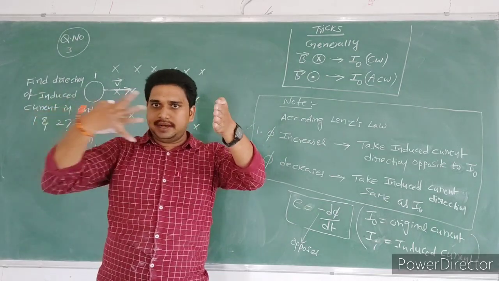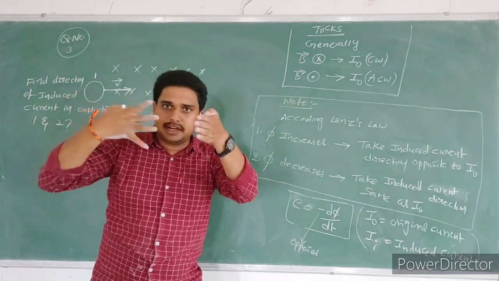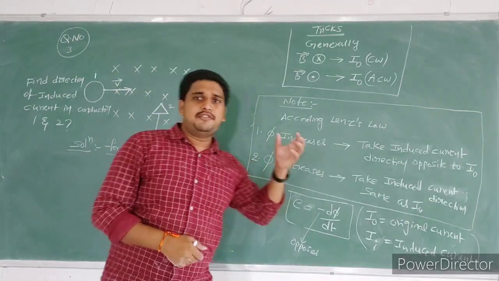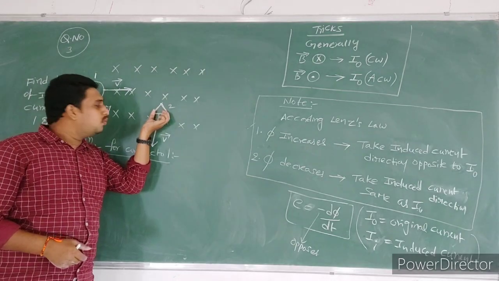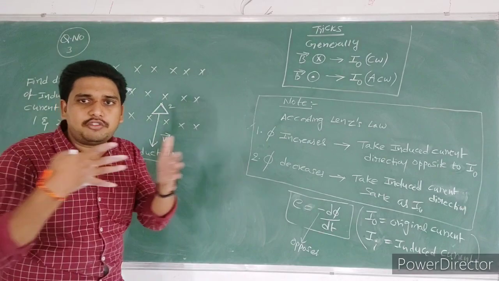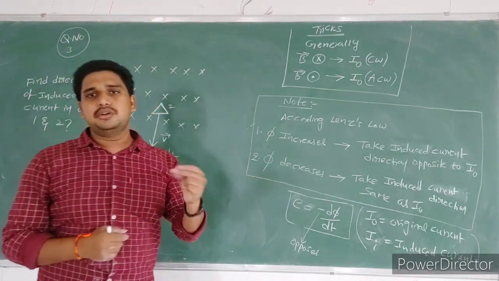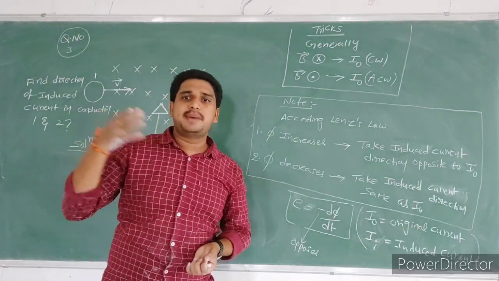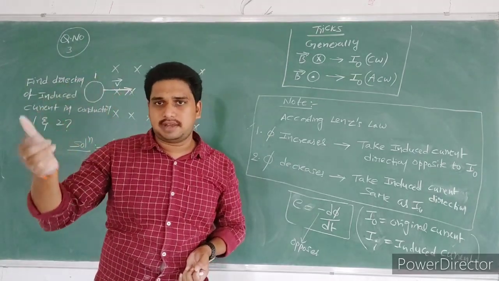Once this loop enters, the magnetic field lines linked with this loop increase. If you consider conductor 2, this conductor is moving away from this magnetic field. That means the number of magnetic field lines linked with the surface decreases. You know already the definition of magnetic flux: the number of magnetic field lines linked with the surface is called magnetic flux.